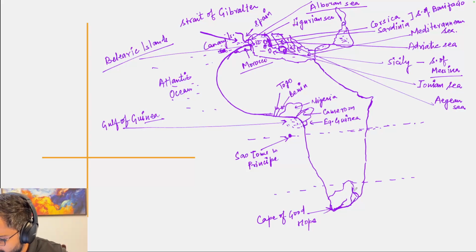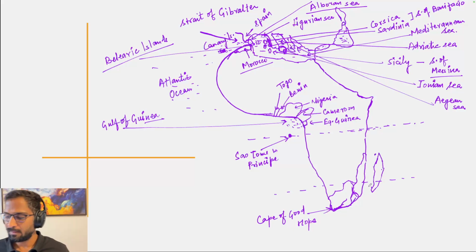till here, and then a country will start called Mozambique, an elongated country, and across this Mozambique on the eastern side you'll find an island called Madagascar.